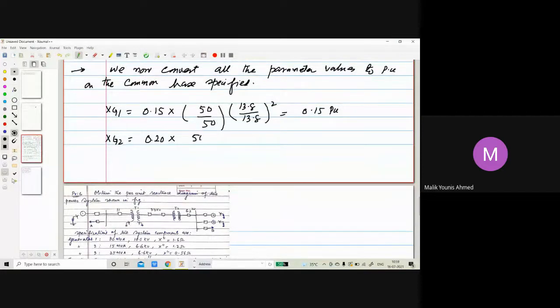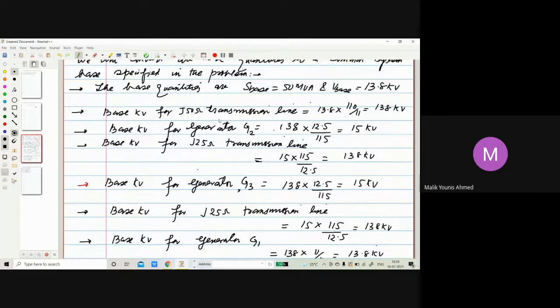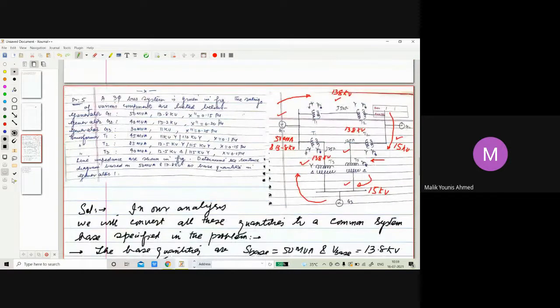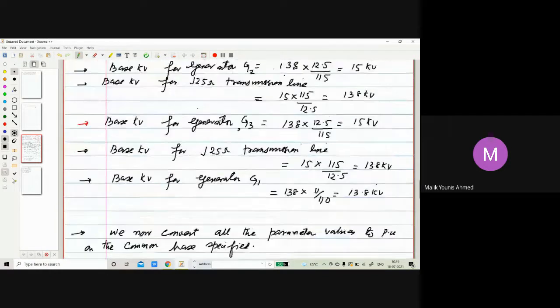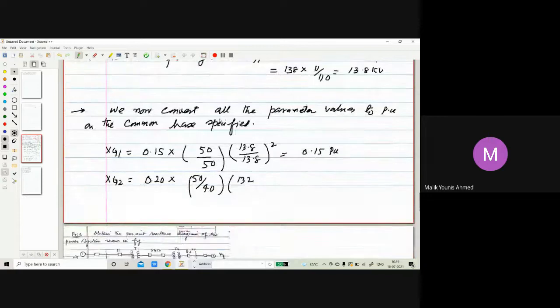This is 50 divided by 40 multiplied by V base old, which is 13.2, and V base new is 15, whole square, and that comes out to be 0.1936 per unit.